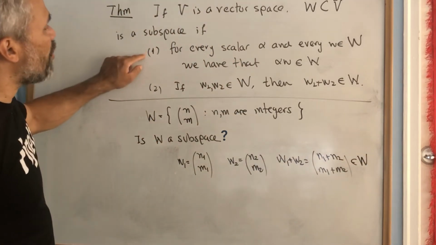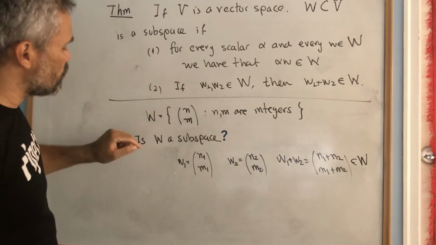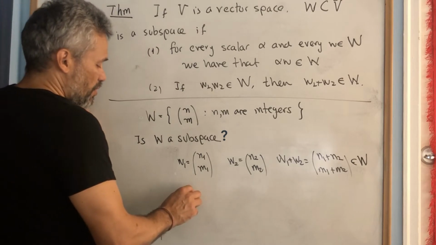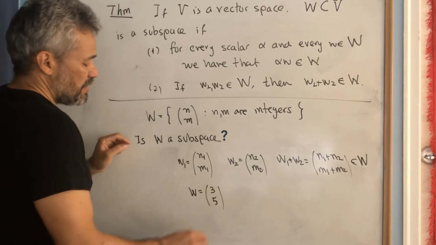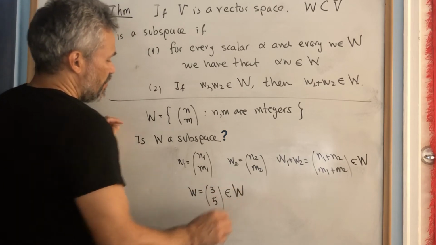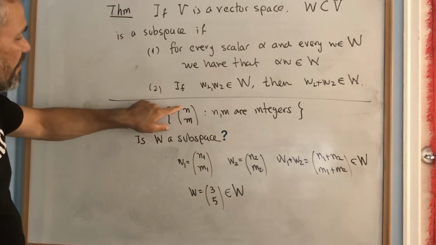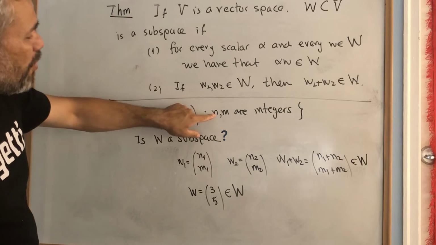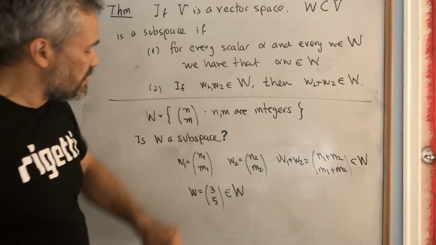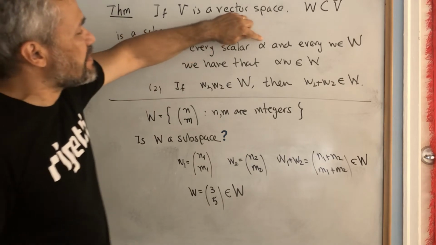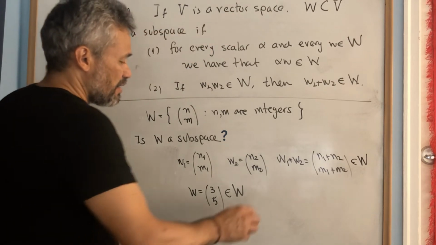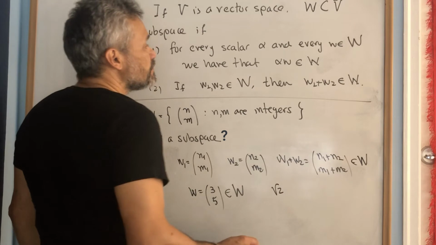But we can see that property 1 doesn't hold true. Let's take, for example, (3, 5). This is an element in this W, because the definition of W says every pair with the property that the entries are integers. But then property 1 says that I can take any scalar. Let's take the scalar square root of 2.